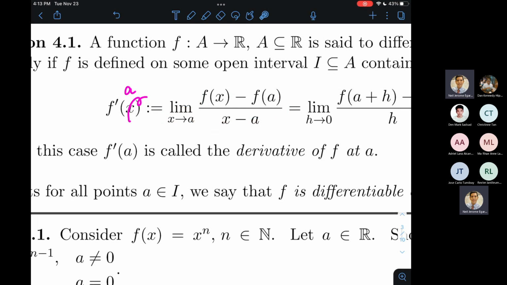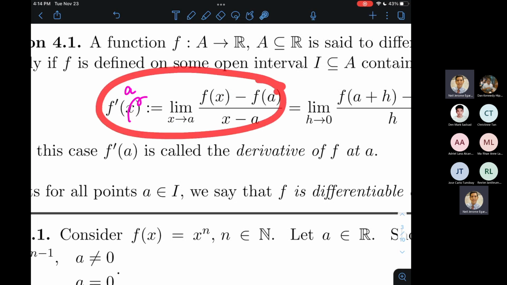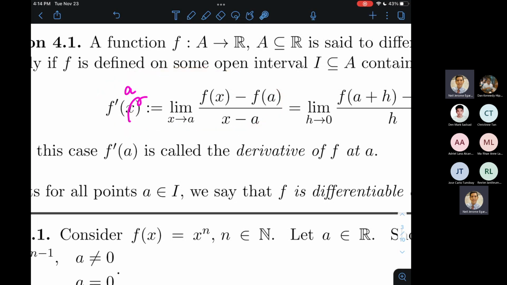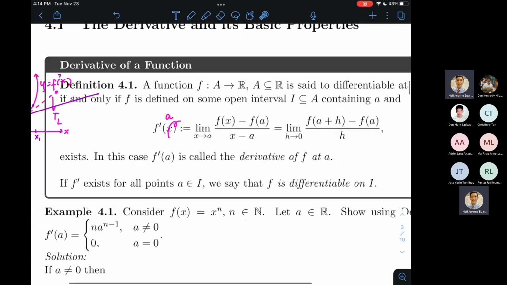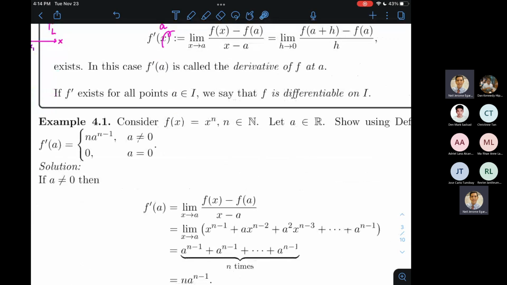Okay? And f prime of A, in this particular case, is called the derivative of f at the number A. So if this limit exists, sinasabi natin that f is differentiable at the number A. Or in particular, if you want to check if the function is differentiable all throughout the set, kailangan lamang siya ay differentiable sa lahat ng elements ng set na yon.